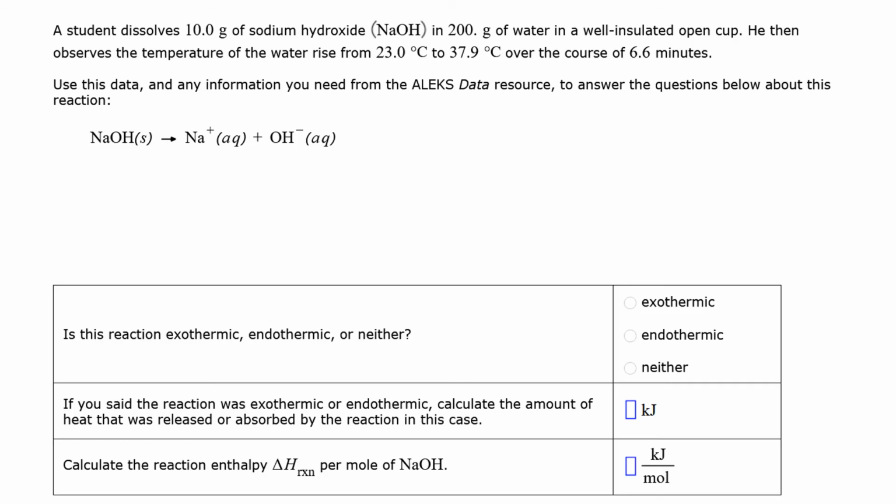We have a delta temperature change. And because this is a solution, we can equate its specific heat to that of water. We can say that the specific heat of this solution is 4.184 joules per gram degrees centigrade. This is going to allow us to use the equation Q equals ms delta T.